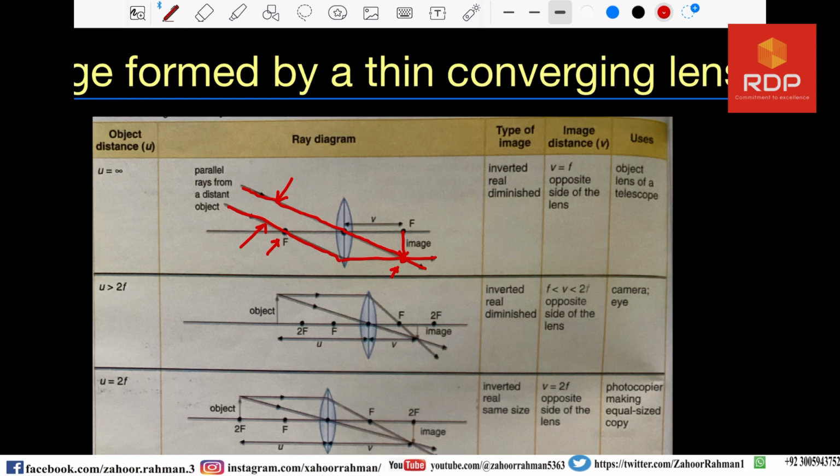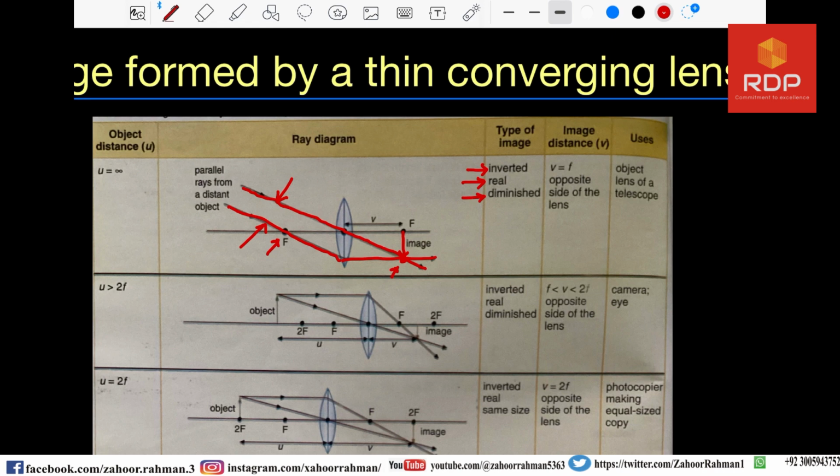It will be a real image, because if you place a screen at the image position, you will observe a clear-cut image. Another is that it will be inverted. Here it is written: inverted, real, and diminished. So image distance will be equal to f.